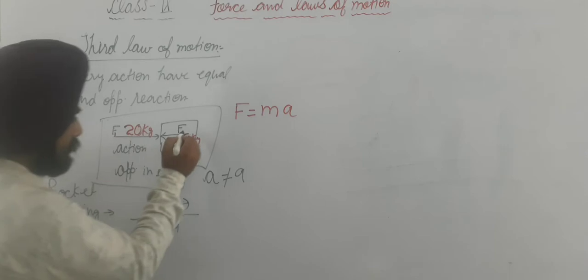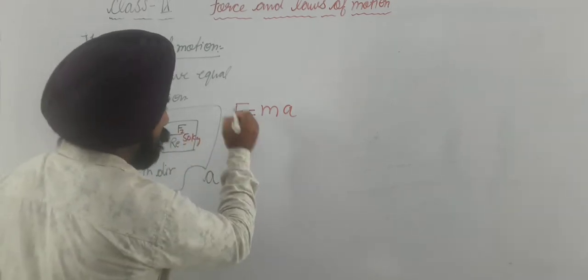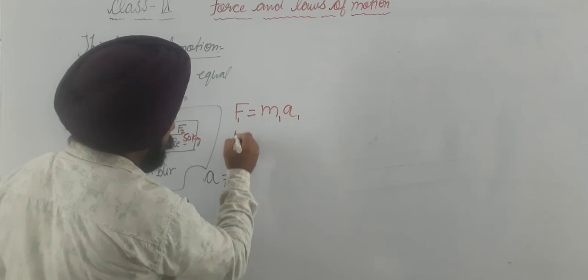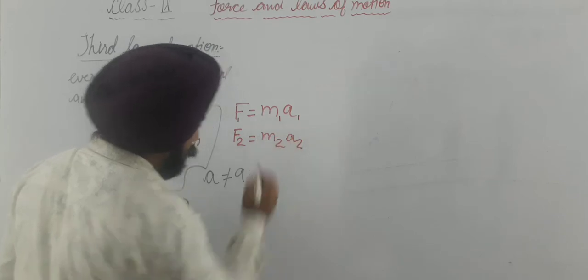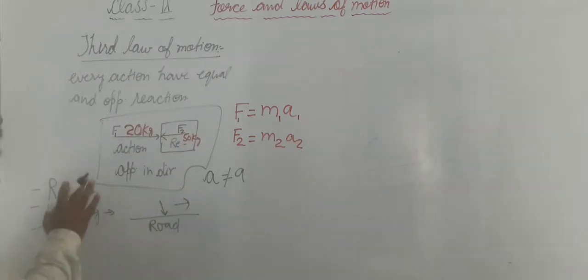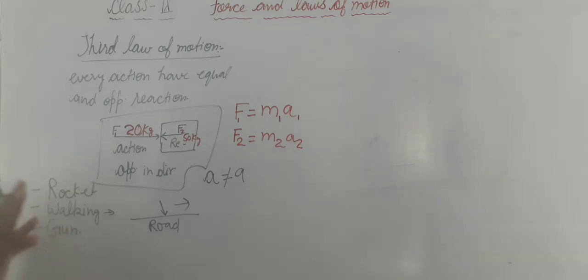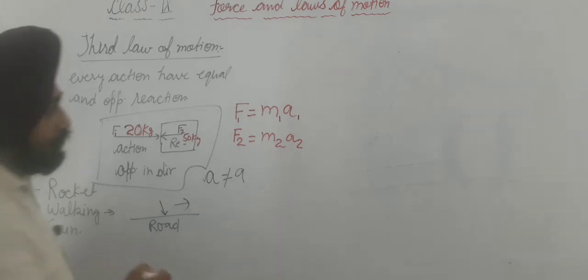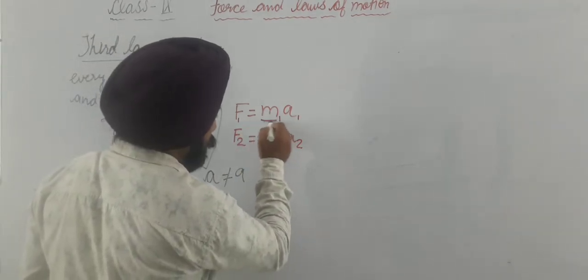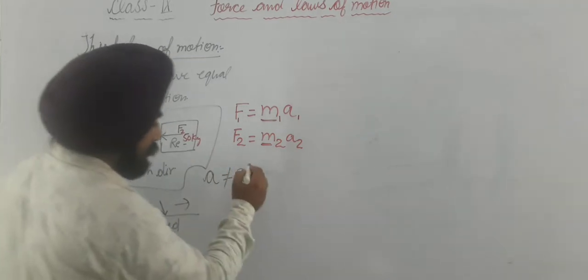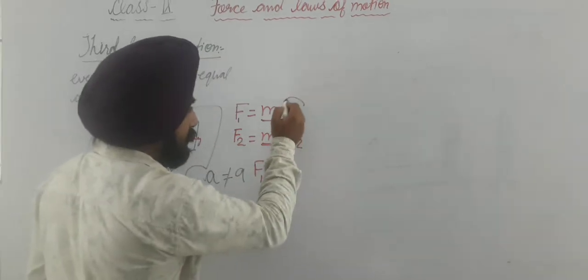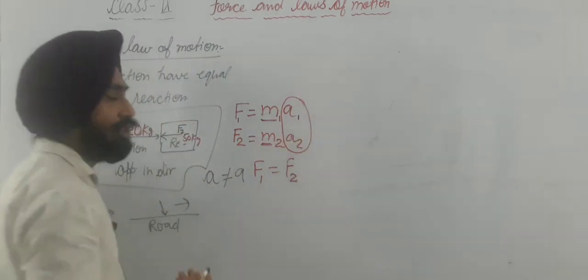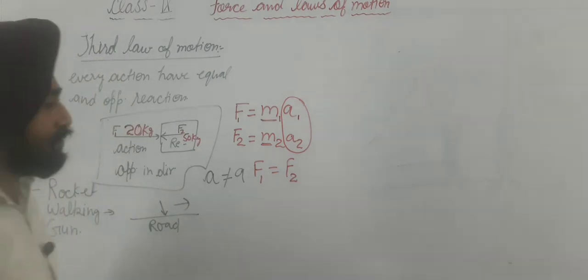This is F1 equals m1 a1, and similarly F2 equals m2 a2. When we talk about action and reaction, two objects are involved and both have different masses. So if the masses differ, then to satisfy this equation, we have to change the values of a1 and a2, the accelerations.